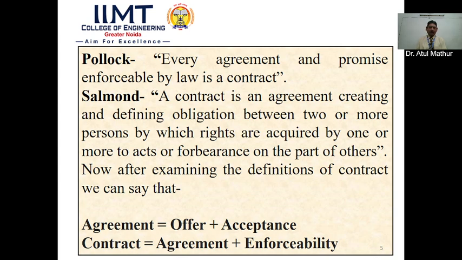The first one is offer, the second one is acceptance, the third one is enforceability. So we can say contract is agreement plus enforceability. And we can say that all contracts are agreements but all agreements are not contracts, so it is a right concept.